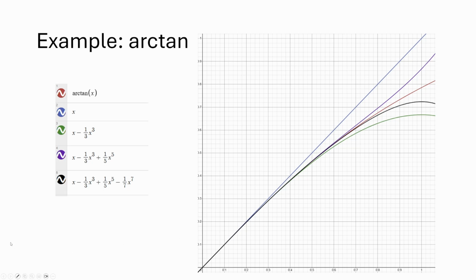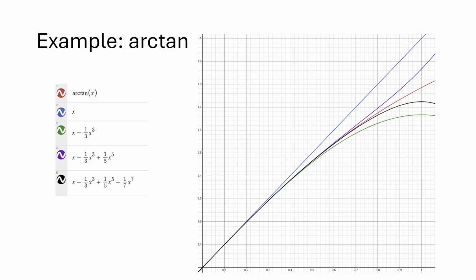they start to diverge. So you say, all right, if I want to go to larger values of x, then I'm going to need additional terms in the series to correct for the fact that arctangent is curving away from the line y equals x. So you subtract this 1/3 x cubed term to bring the approximation closer to arctan, but it actually overshoots. And so we get this green line that is below the arctangent function.